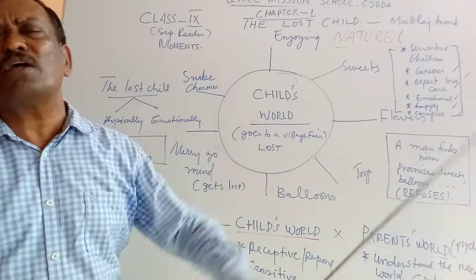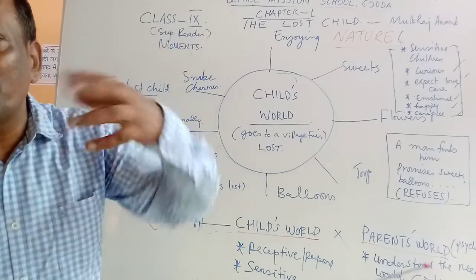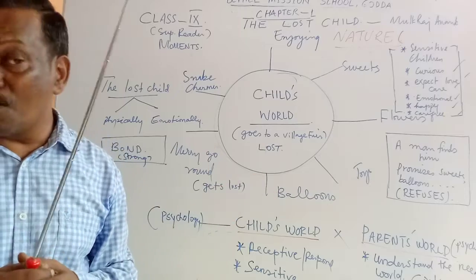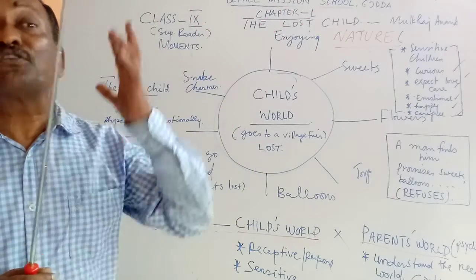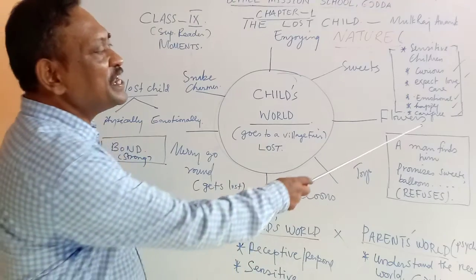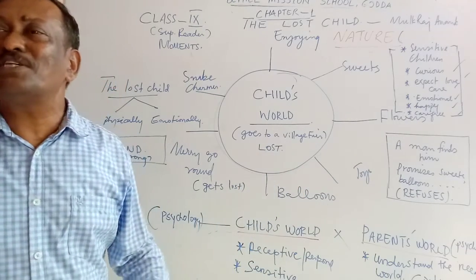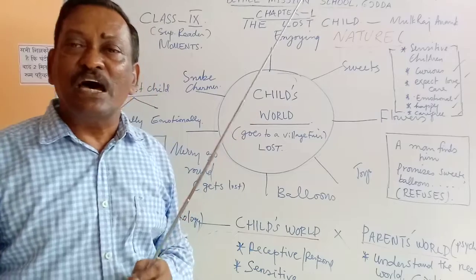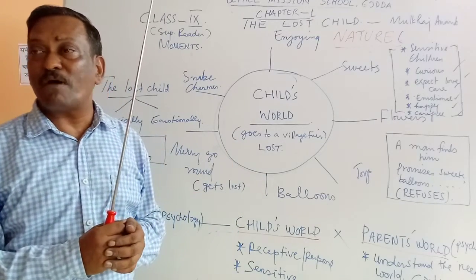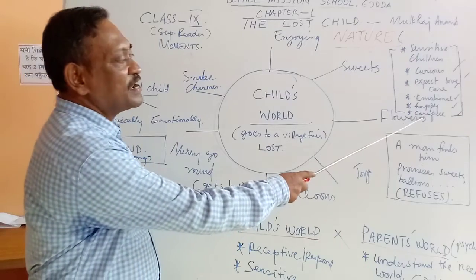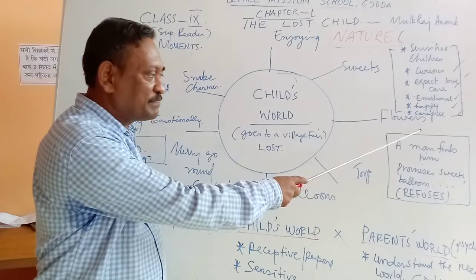We elders are bothered about so many things. As we grow up, we become more tensed, more serious, more thoughtful, and we are worried about the responsibilities, the sorrows, the problems. But the child is a carefree child, is happy.